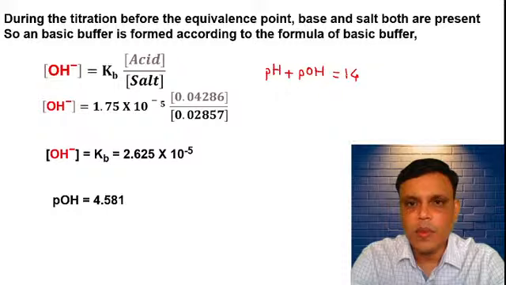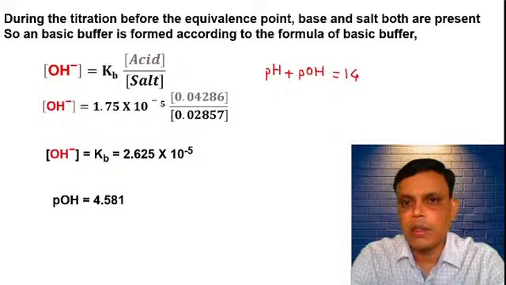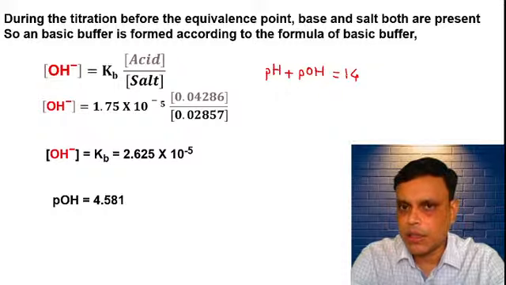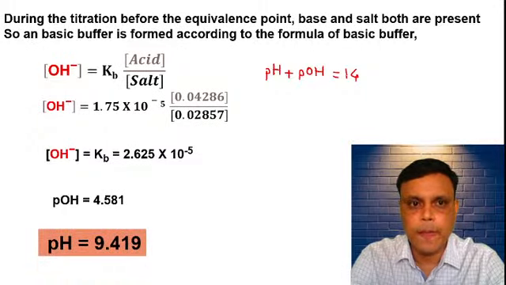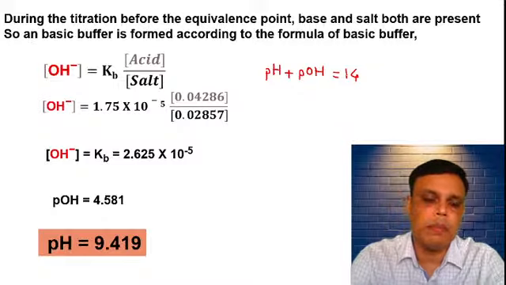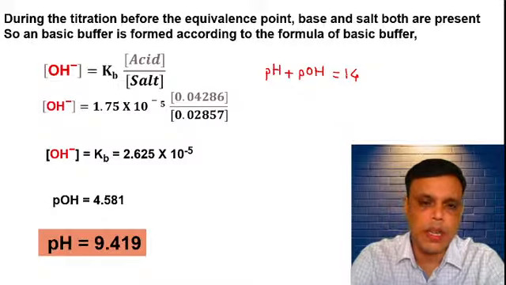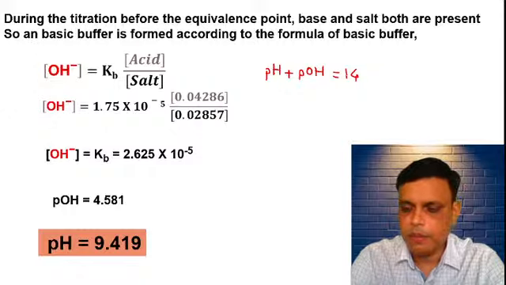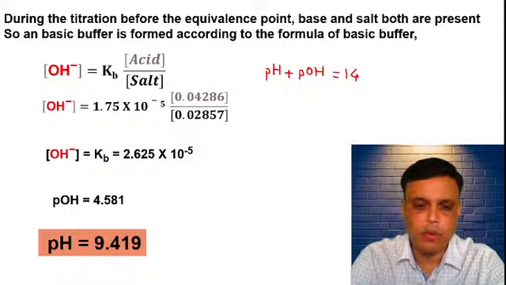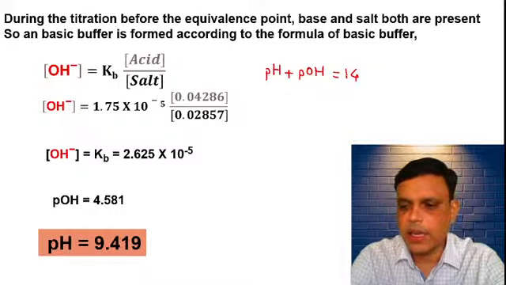Then calculate the pH, that is 14 minus 4.581, and we will get the pH. So pH is 9.419. pH is 9.419. Correct, yes or no?